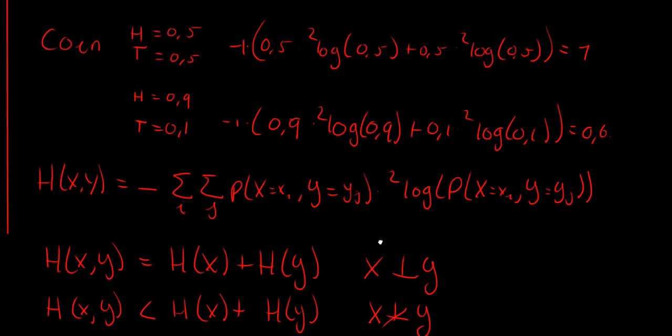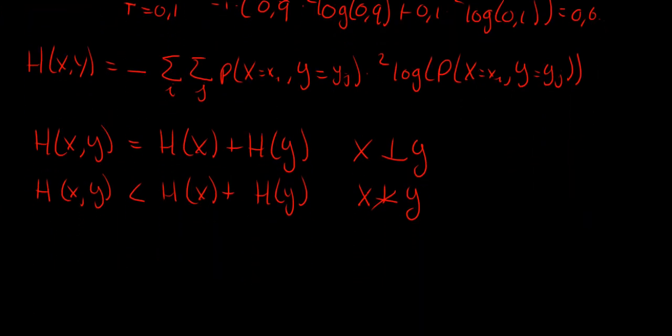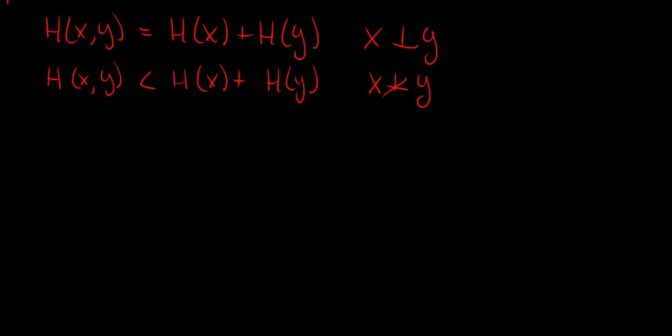Then there's also a notion of information, how much information something gives, which is very similar to entropy. It is denoted with an I. The information of an outcome is the minus sum of just the logarithms of the probability that X is xi.